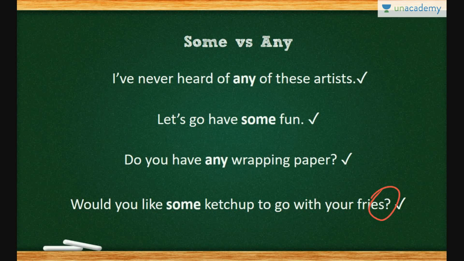Now notice this is the kind of example where we can use both the words. Would you like any ketchup to go with your fries? Would also be correct. Now since this is positive, you can also use some. Would you like some ketchup to go with your fries? In the previous sentence, do you have any wrapping paper? You can't use some here because the meaning is, do you have any wrapping paper at all or you don't? Right?